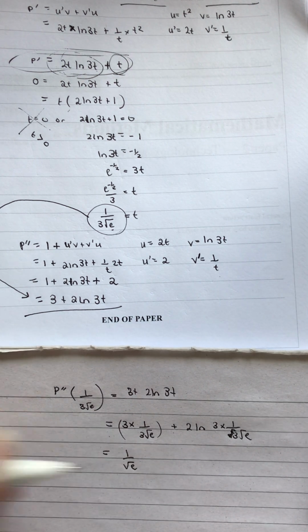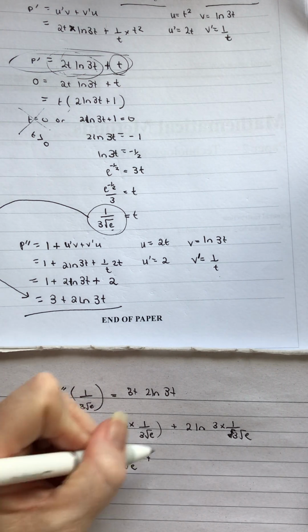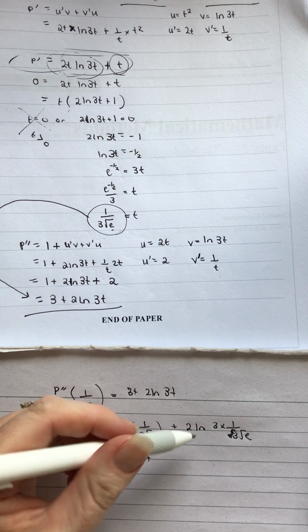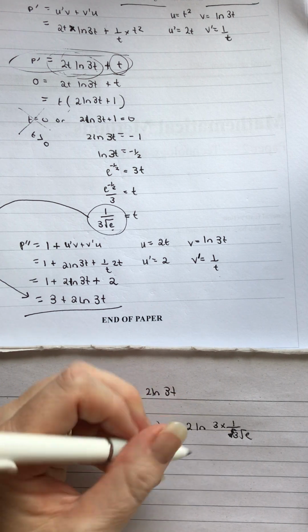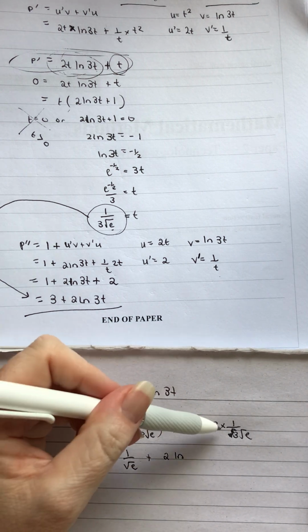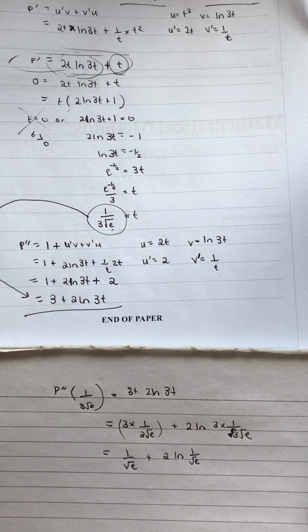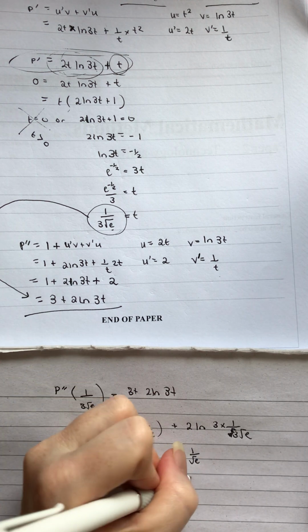1 on the square root of e, and then I am putting in my 1 over here, where I have 2 ln 3 lots of that. So here I've got 2 ln, and when I times that by 3, I've got 1 on the square root of e there. I can then make that 2 ln of e to the negative 1/2.